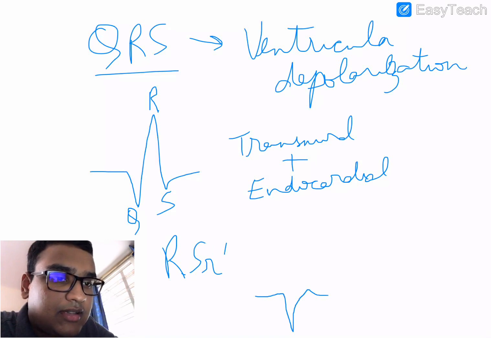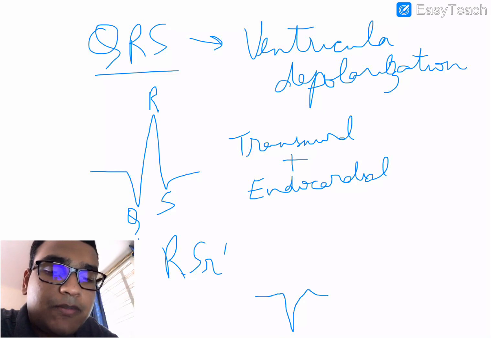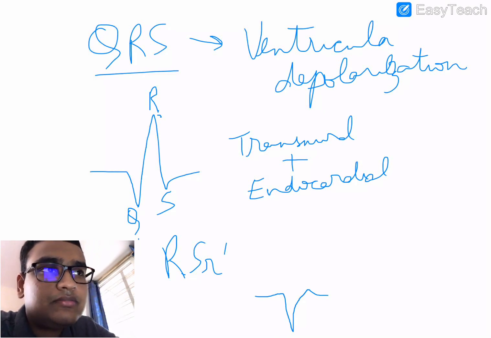R is capital because it's a tall wave, and S again being tall, and then r is small here, so it's represented as a lowercase letter. So this is how the nomenclature goes. I'll repeat once more. The first negative wave is the Q wave, the first positive wave is the R wave, the first negative wave after a positive wave is the S wave. So that's it, it's very simple.